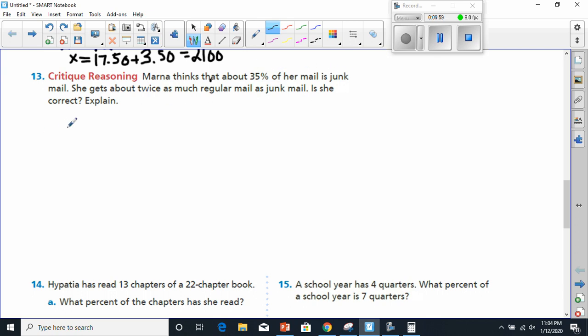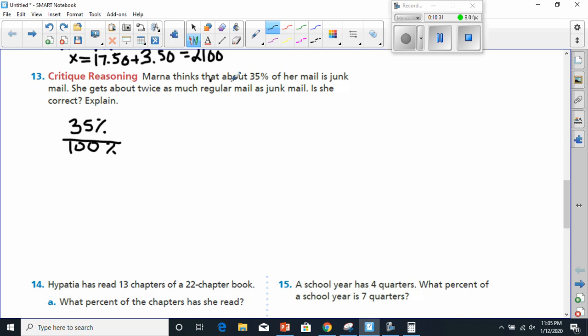Well, first of all, 35% has got to be out of 100%. And now they're saying she gets twice as much regular mail as junk mail.